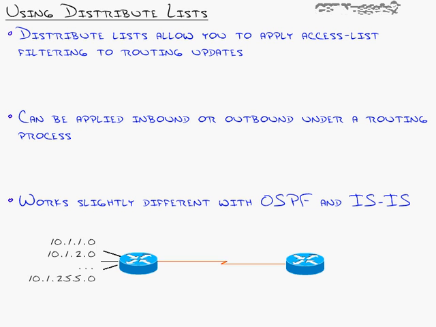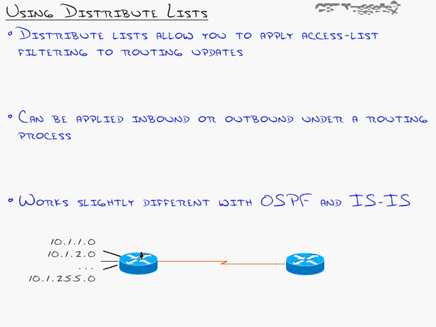It allows you to apply an access list to routing updates so that when the router decides to send a routing update out an interface, it's going to say, oh, there's a distribute list there. Let me check it to make sure all of these entries are allowed to go out that interface. For example, you see my little two router network down at the bottom. The router on the left has 10.1.1, 2, 3, 4, all the way up to 255.